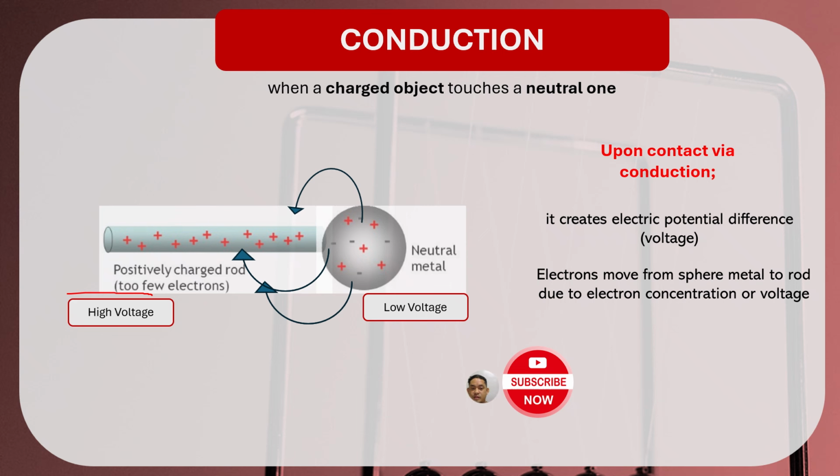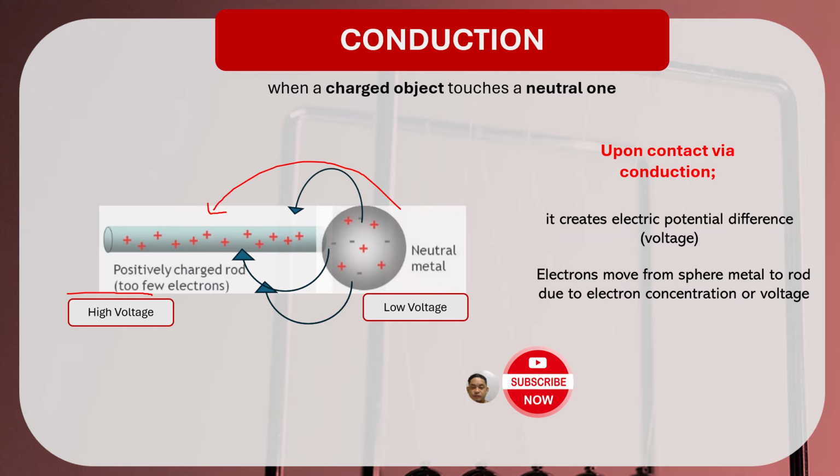Electrons will move from high concentration to low concentration. So from the neutral metal, they will move to the positively charged rod with a low number of electrons.